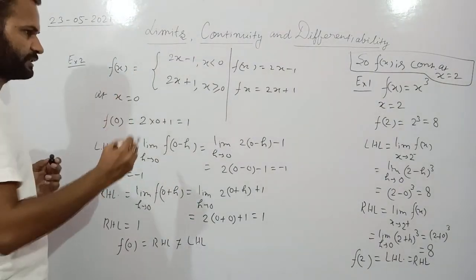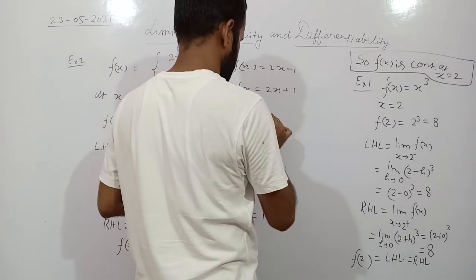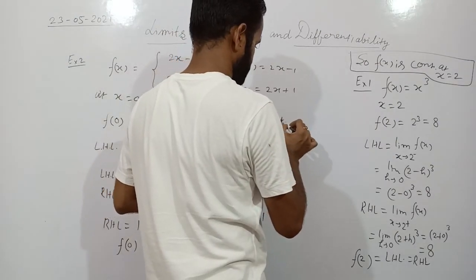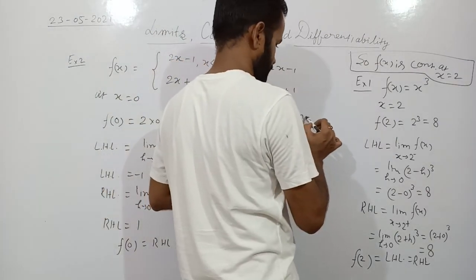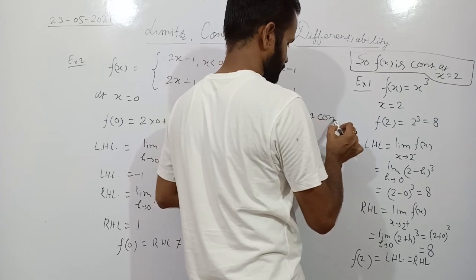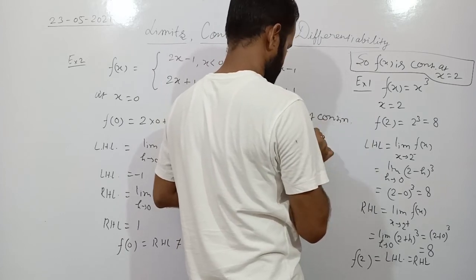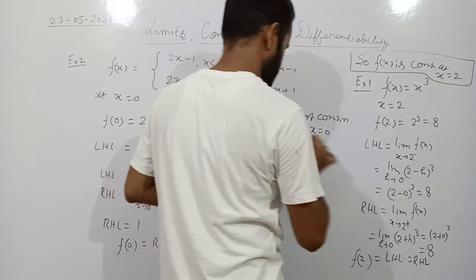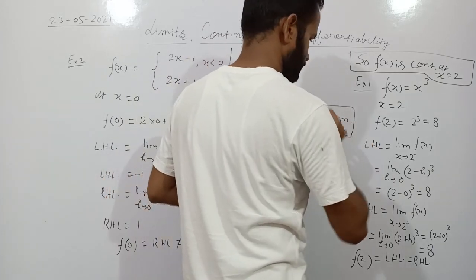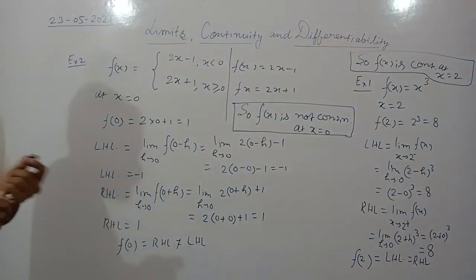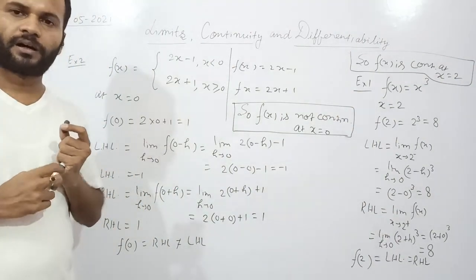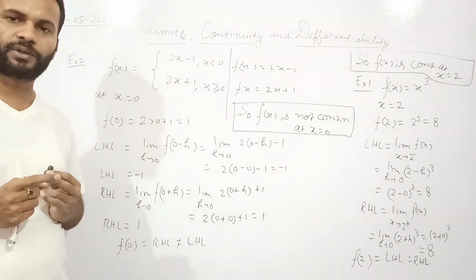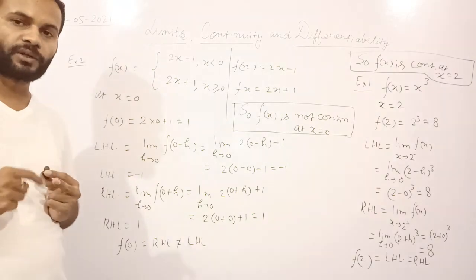So f(x) is not continuous. So you understood very well how to check continuity for a given value of x for a given function.